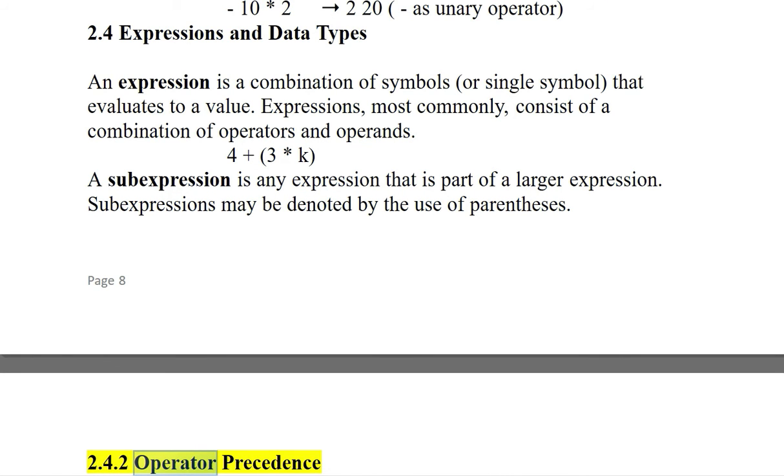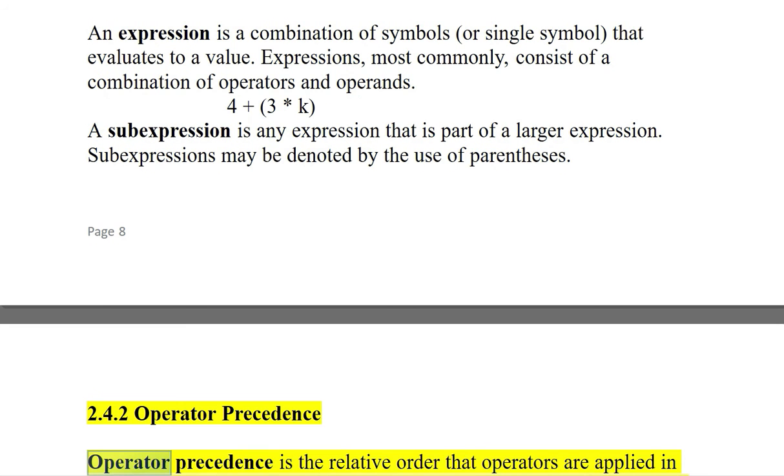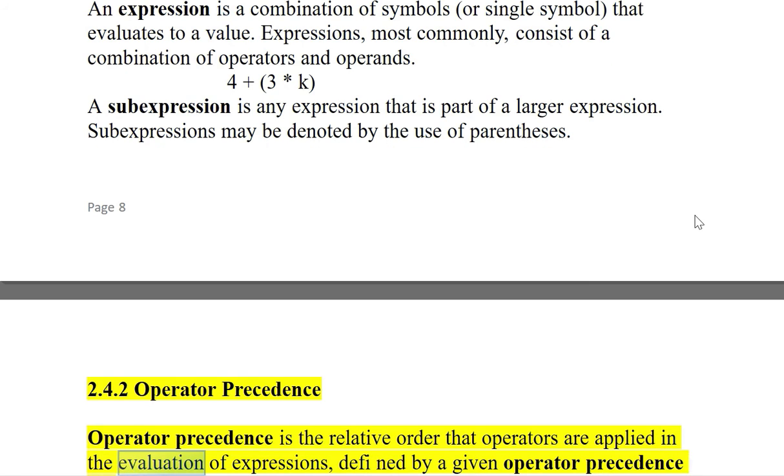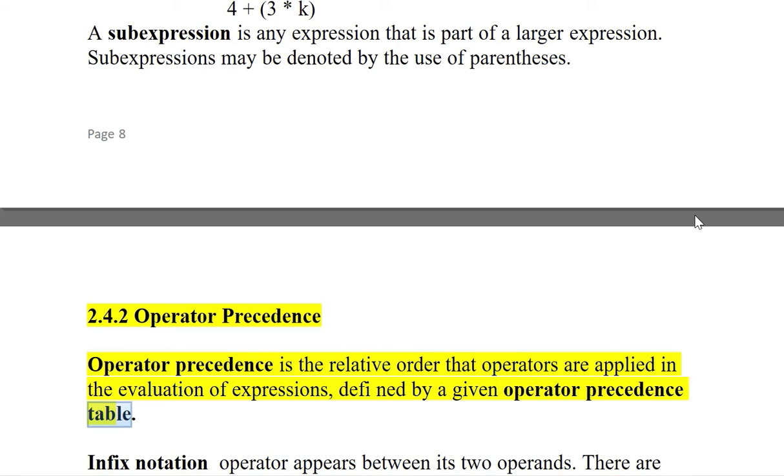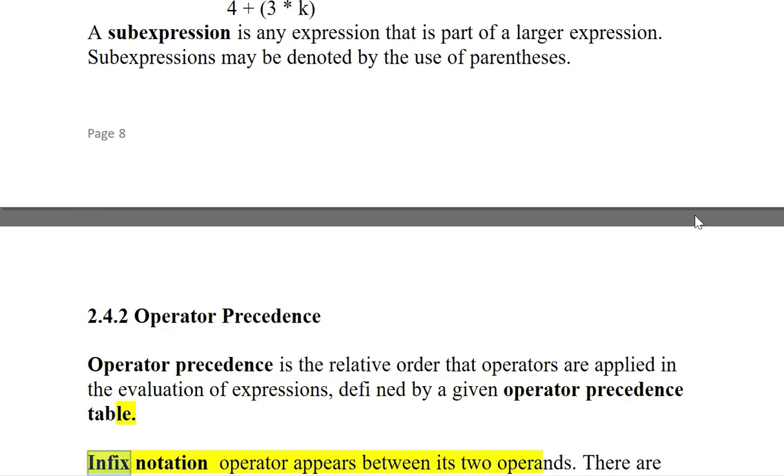2.4.2 Operator precedence. Operator precedence is the relative order that operators are applied in the evaluation of expressions, defined by a given operator precedence table. In infix notation, the operator appears between its two operands.